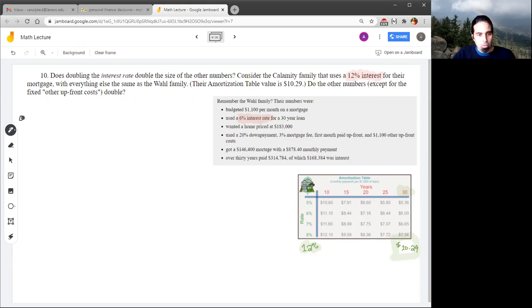Let's look and see just how the math does happen. We're still budgeting for 1,100. But now we're dividing by $10.29.